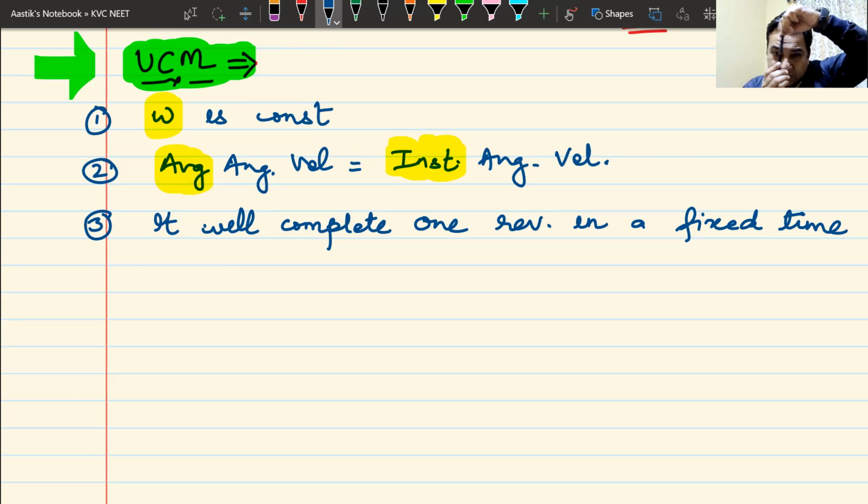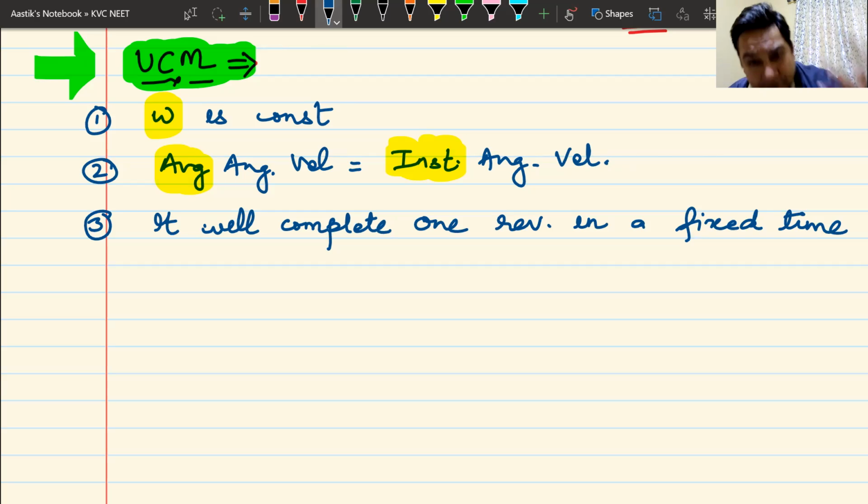The earth rotates on its axis in 24 hours. The earth revolves around the sun in 365 and some days, fixed. It changes by a very small amount, but for our practical purpose we can take it as fixed. So whenever you have a uniform circular motion, one revolution would be completed in a fixed time.